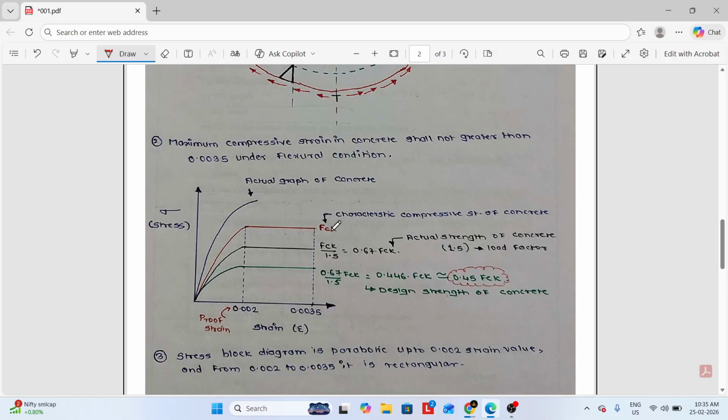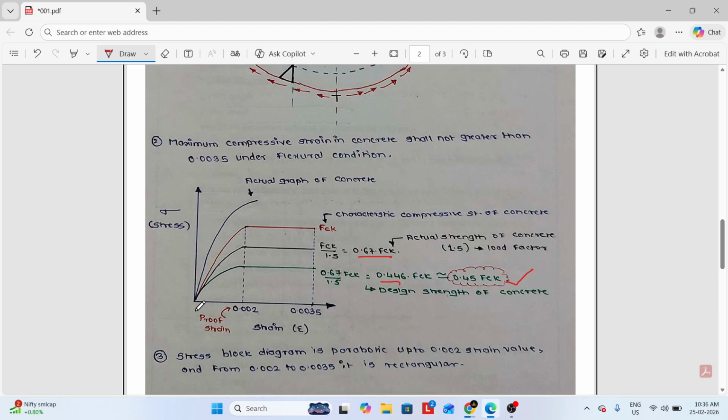When fck is divided by the load factor, here fck upon 1.5, we get the value of 0.67 fck, which is the actual strength of concrete. And after dividing by the partial safety factor for the actual strength, 0.67 upon 1.5 times fck, we get the 0.446 fck value, or we can say 0.45 fck, which is also known as the design strength of the concrete.